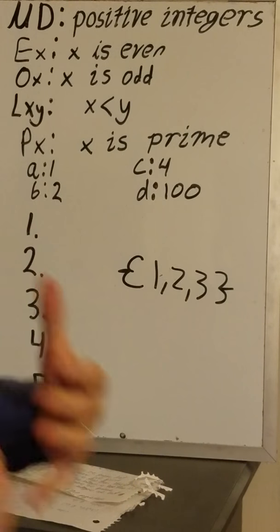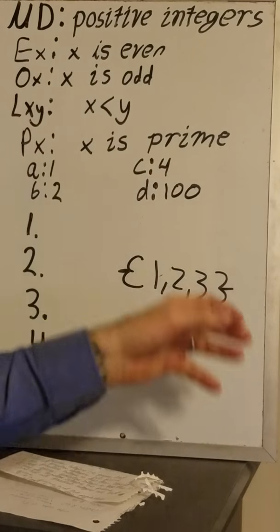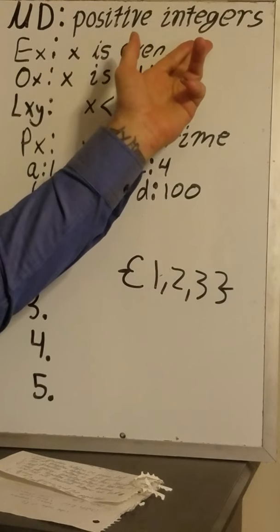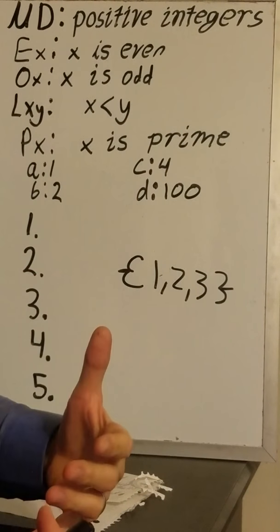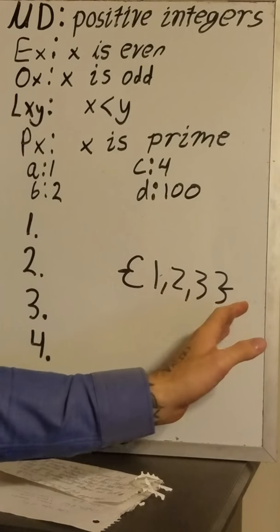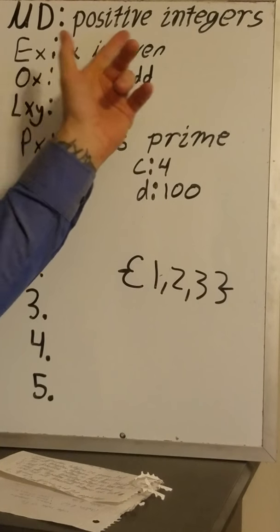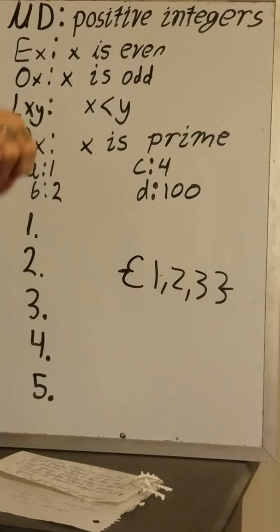Now, for practical reasons, that's not going to work with big sets. And obviously you can't do that with infinite sets, like there's an infinite number of positive integers, which are positive whole numbers, right? So obviously we can't take this approach. So we just need to give a description of the set so that people know what we're talking about.